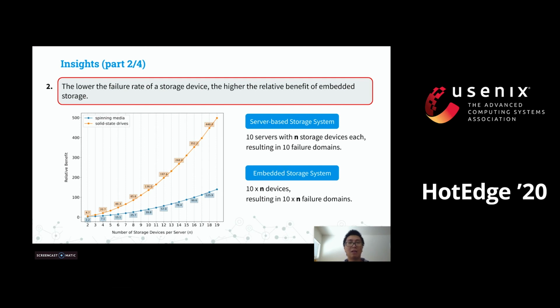The next one is the lower the failure rate of a storage device, the higher the relative benefit of embedded storage. As you can see, the curve of the solid state drive always goes above the curve of the spinning media, and the only reason is that the failure rate of a solid state drive is much lower than that of a spinning hard drive.